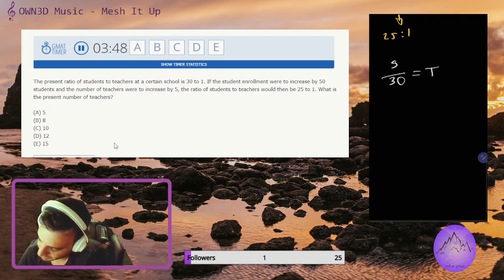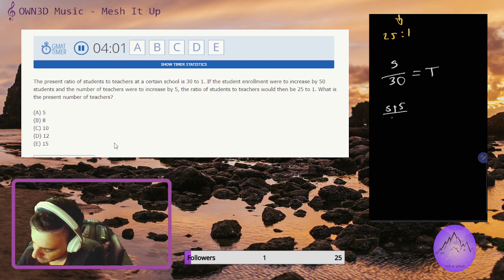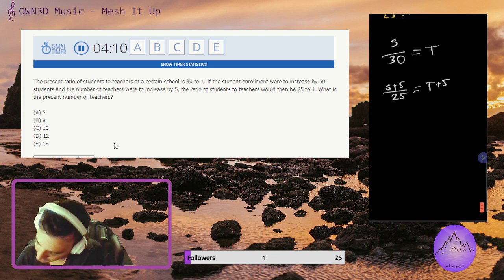So S divided by 30 equals T. And we've got S plus 5 divided by 25 equals T plus 5. I think that makes sense.